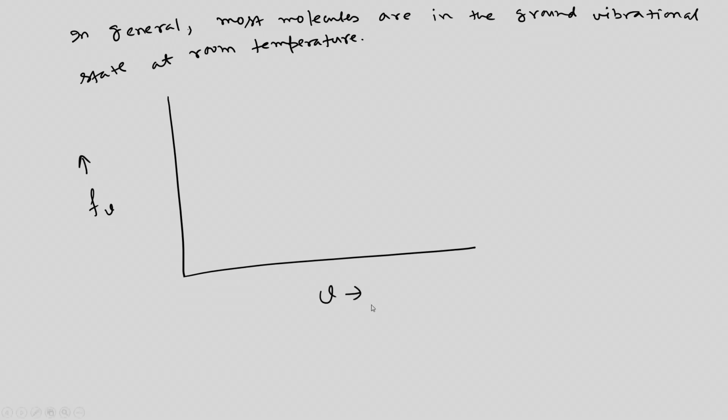So, this is the v equals 0 state, this is the v equals 1 state, this is the v equals 2 state, and so on. This is close to 1 here, and you have most of the particles here, very few particles here. So, it decreases almost exponentially. Okay. So, exponential decay we are observing here. So, that is all about the vibrational partition function.